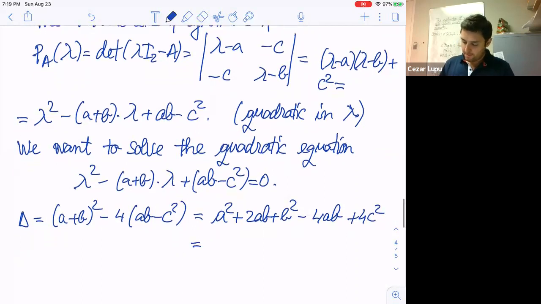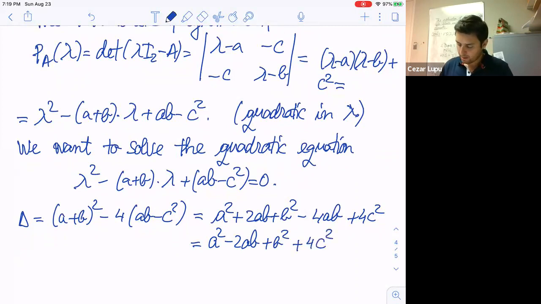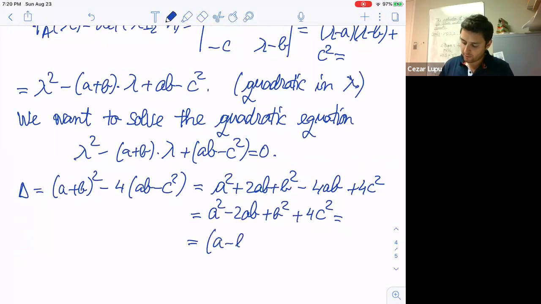And this will be a squared minus 2ab plus b squared plus 4c squared, which is nothing else than a minus b squared plus 4c squared. As you can see, the discriminant of this equation is the sum of two squares, so it must be either 0 or positive.